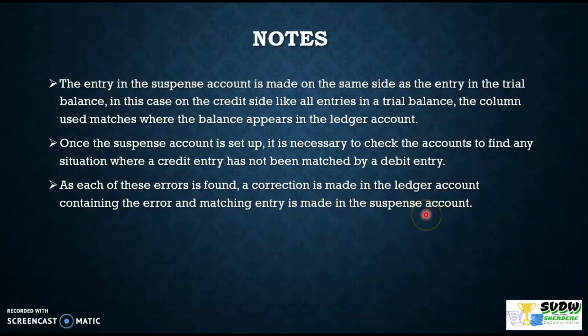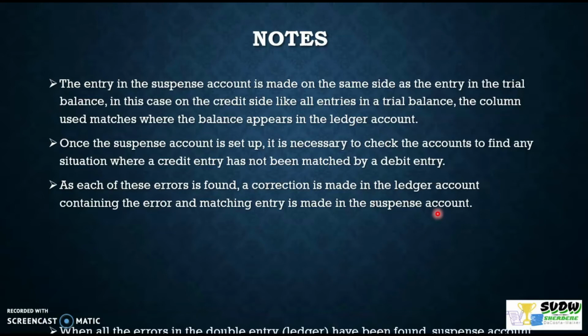So once we find that error, or the account with the error, we are going to make an entry in that account as well as an entry in the suspense account, seeing that the suspense account was created because this error was made.